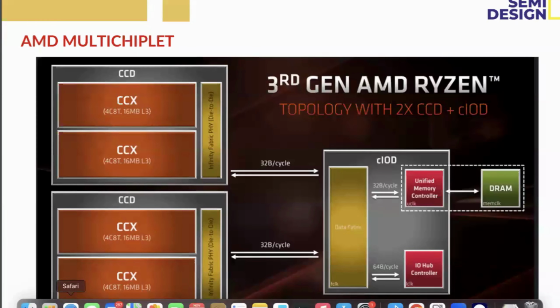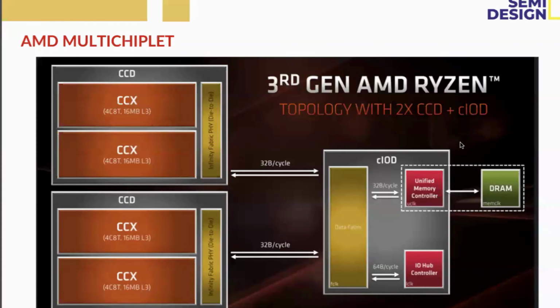So next, if you see here, this is third generation AMD Ryzen with the 2x CCD plus IOD configuration. In one CCD, there are two CCX with 4 core 8T and 16 MB L3 cache.